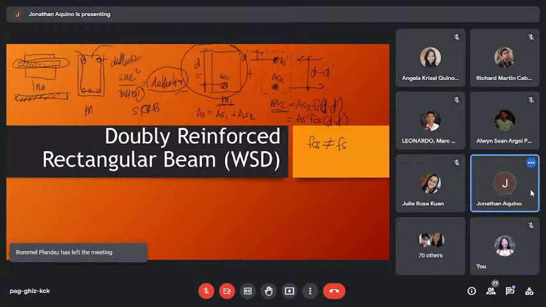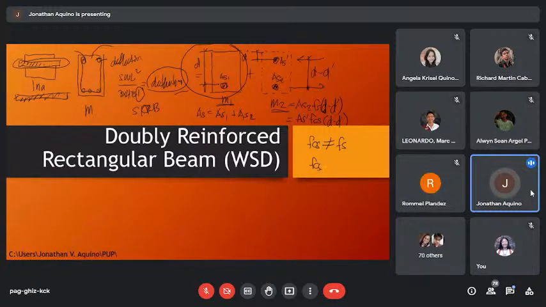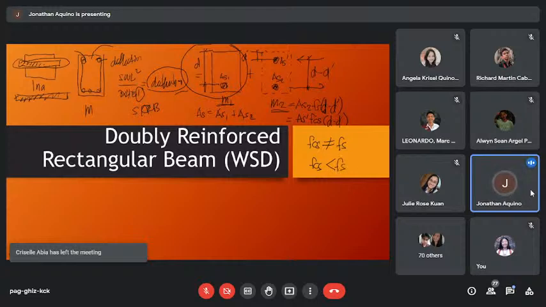Okay, meaning if FCS or the compression reinforcement is less than Fs, okay? So meaning the compression reinforcement does not yield. Okay? But if your FCS is greater than your Fs, the compression steel is yielding.